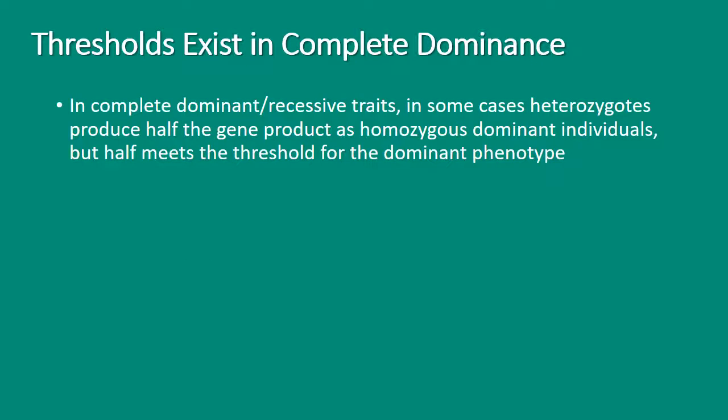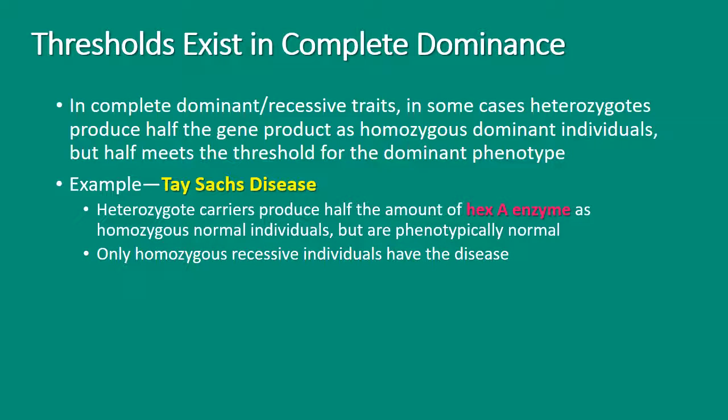And we see this even though we don't actually see it. It still exists even in complete dominant recessive traits. An example is in Tay-Sachs disease. Remember we talked about that last chapter, where you have the hex A enzyme that breaks down the lipids in the neurons, and if those lipids aren't being broken down, they reach toxic levels and actually kill the neuron cells.